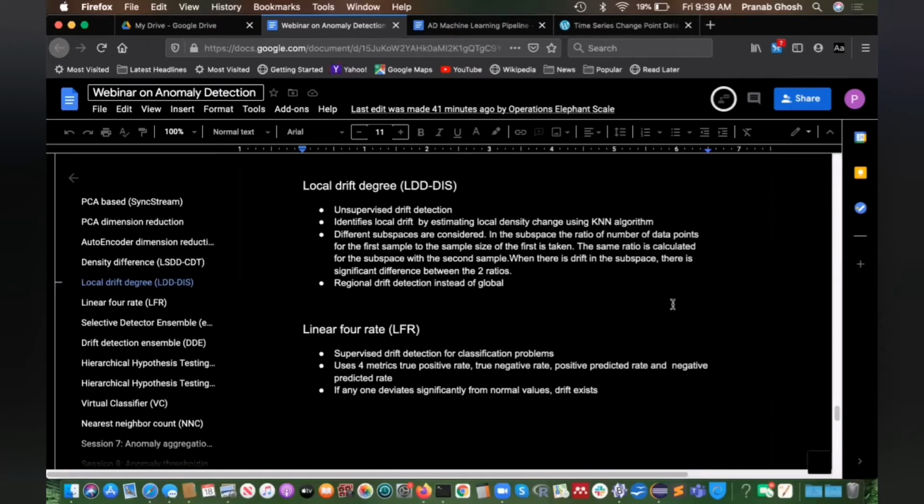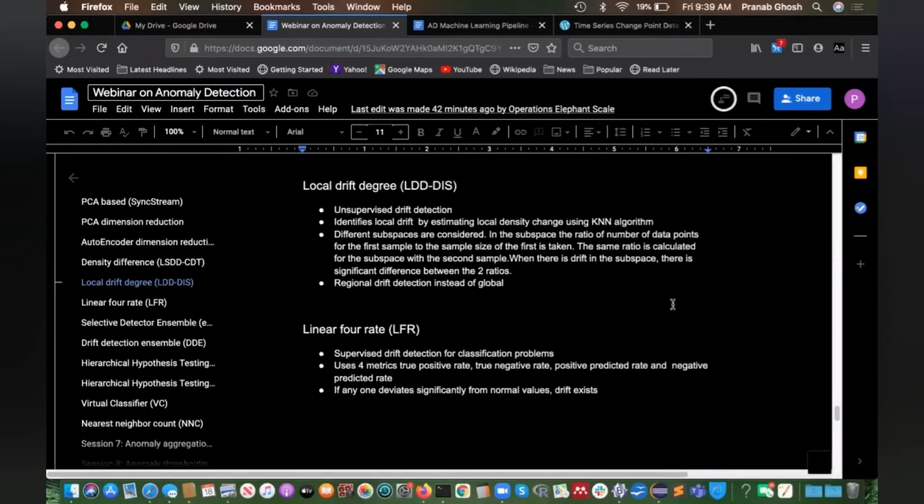So this is again a local drift detection algorithm. So what it does, the basic idea is that you take your feature space and you consider different subspaces. And in any given subspace, for any data set, you take the ratio of number of data points you have from that sample to the total number of data points in that sample.